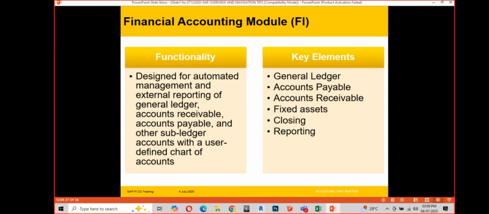Once you generate these statements at the end of the year, you are going to submit them to the relevant people. Who are the relevant people? Obviously, you're going to show these results to your auditor. He's an external agency.